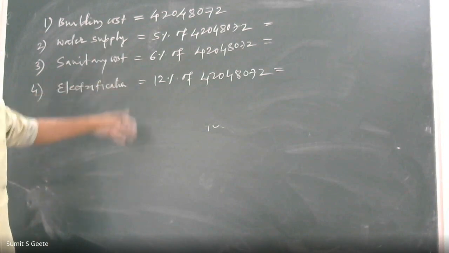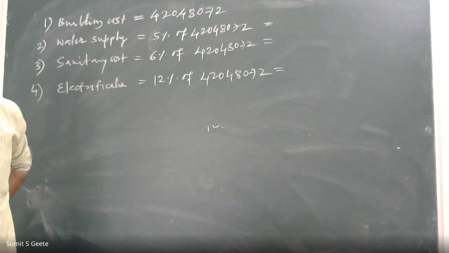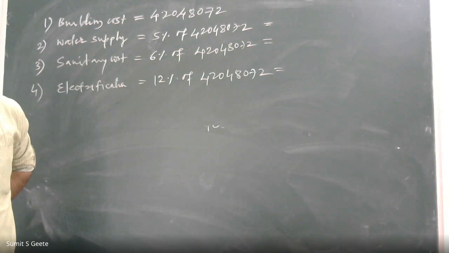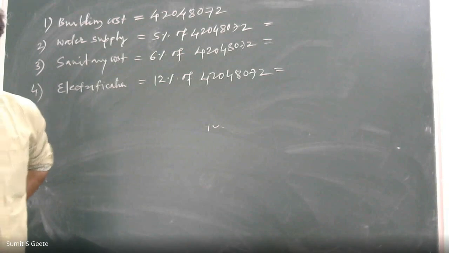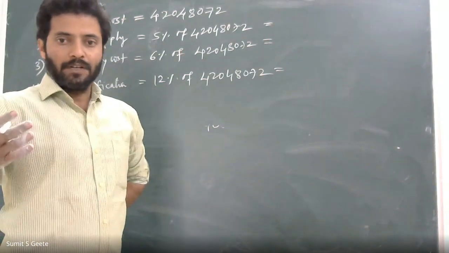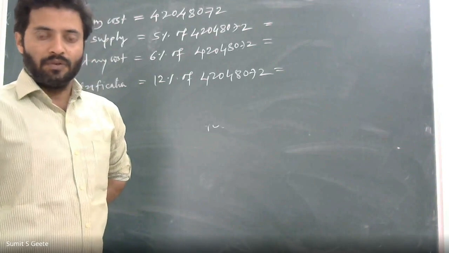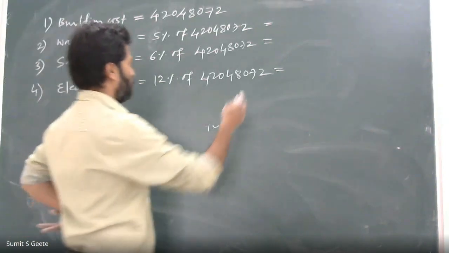Please tell me the values. 5%, 6%, 7%. Point 6, Prajwal, don't tell me values in 0.6. Just tell me the round figure.